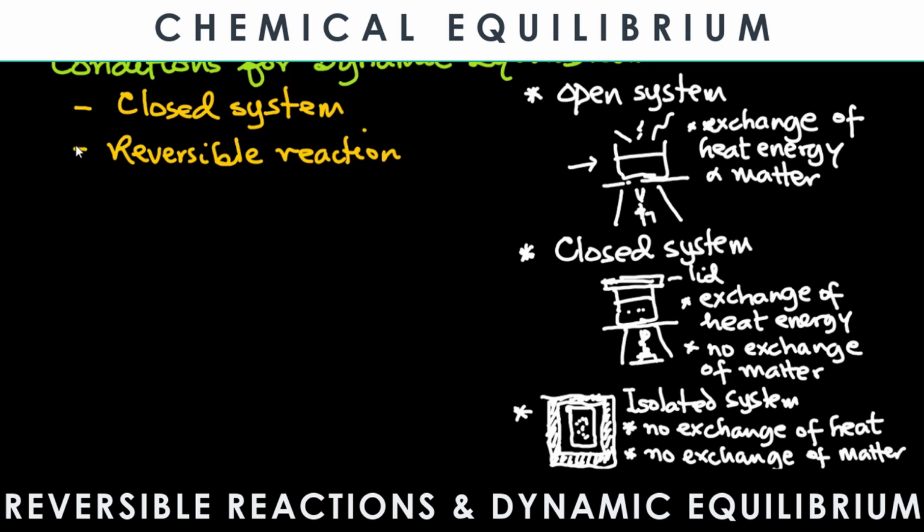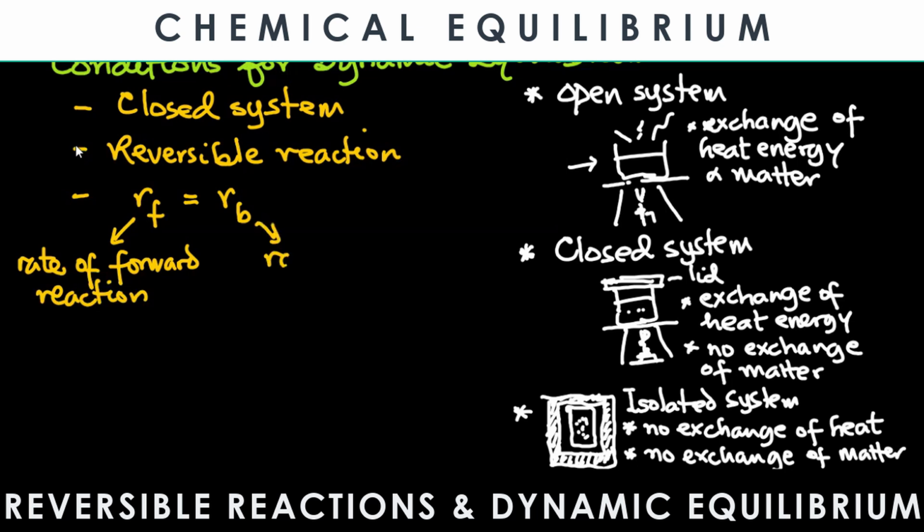Backward reaction. RF is the rate of forward reaction, while RB is the rate of backward reaction.